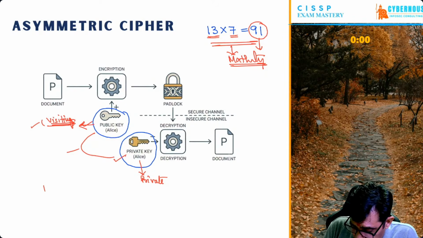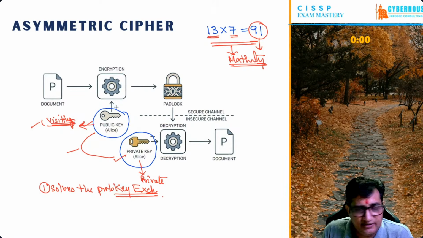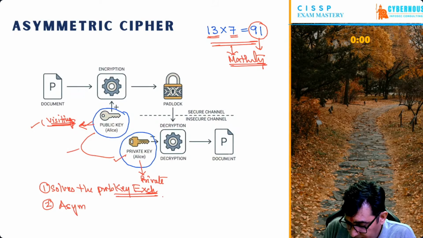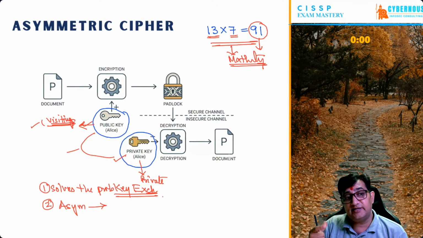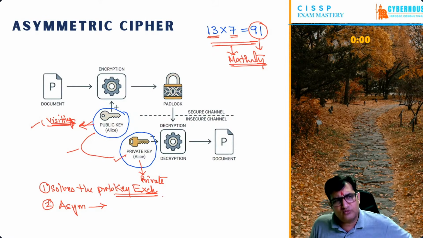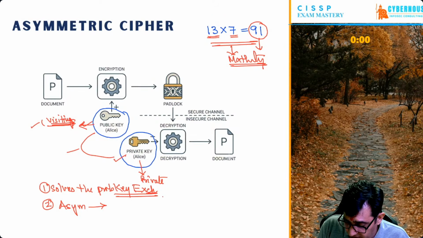Number one, it solves the problem of key exchange. Now we can generate the keys, we can exchange the keys. That's a fantastic thing to do. But the other problem with asymmetric cryptography is that the RSA keys are fairly big, so they are not so good for encrypting bulk data.